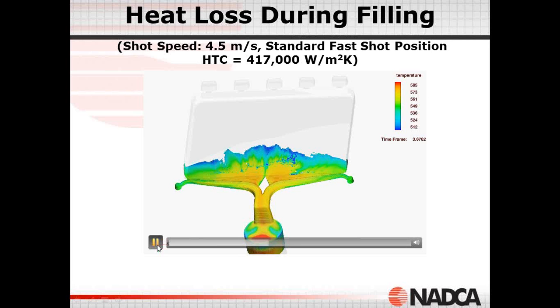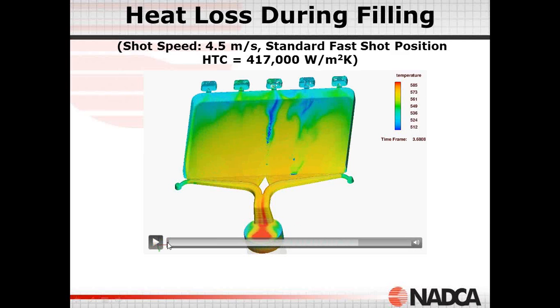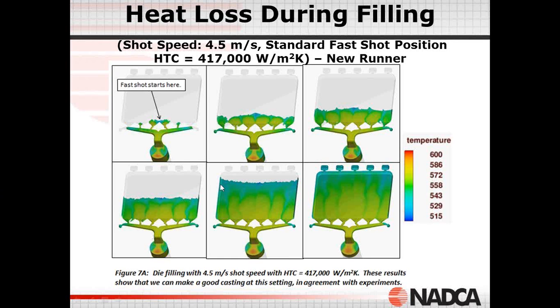We cannot make a good casting. That can be seen here. So this simulation explains why this gate is not well suited to make a good casting, which is also in agreement with the findings. Here we have the split type gating, in which their conclusion was that it's possible to make a good casting.